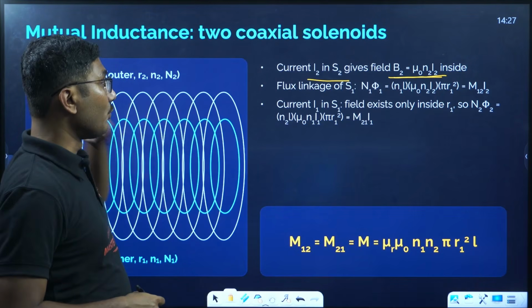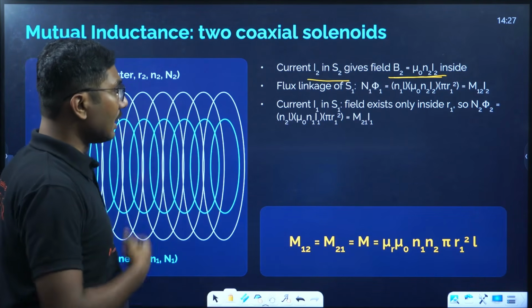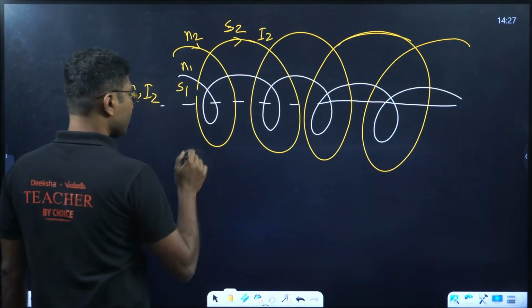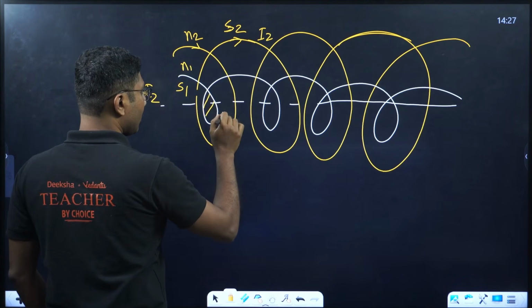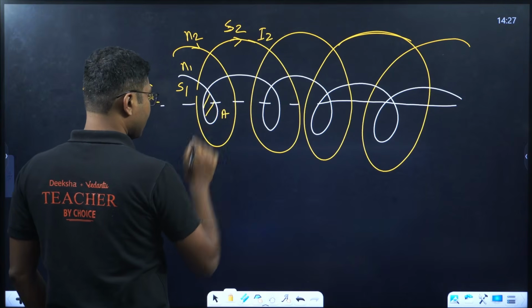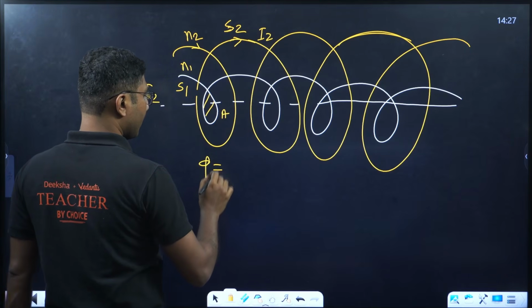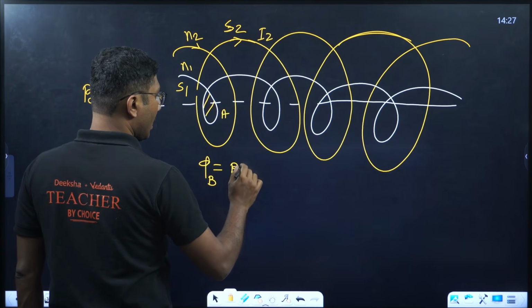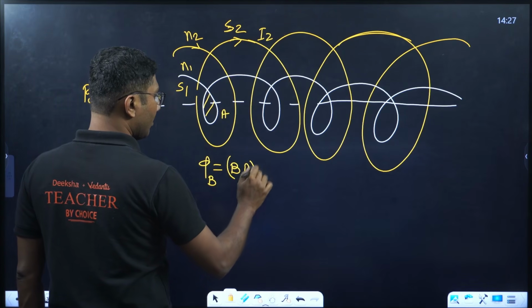So what is the flux linkage with the inner part? Suppose this is the area of this coil. Flux linkage with the inner coil will be given by magnetic field into area into number of turns.